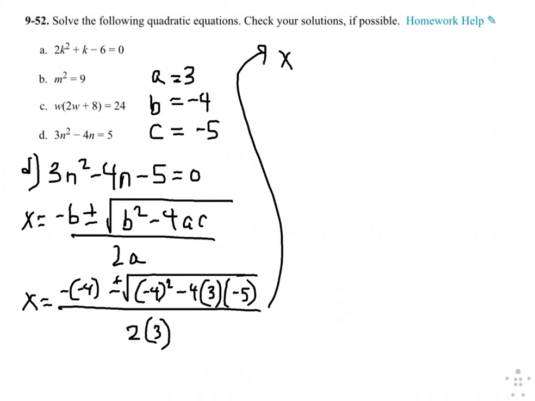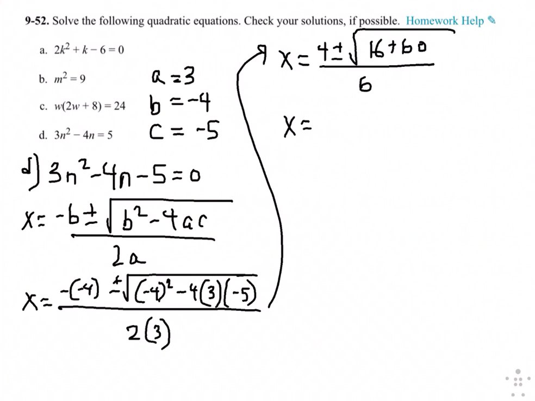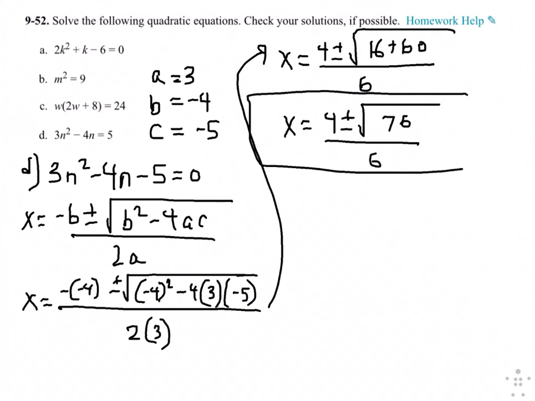So x equals 4 plus or minus the square root of 16 minus a negative, that's plus 60, all over 6. So I get x equals 4 plus or minus root 76 all over 6. And since 76 isn't a perfect square, we leave our answer just like that.